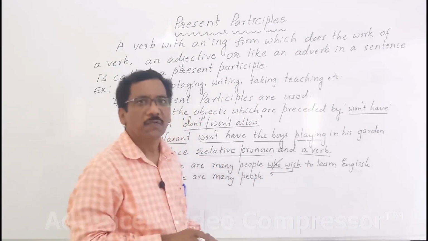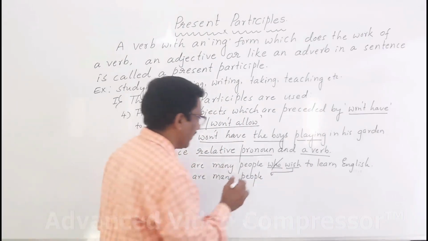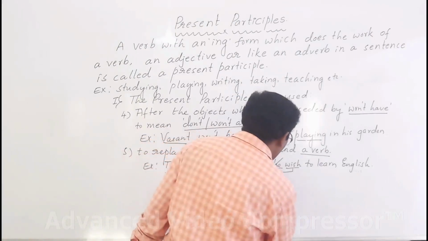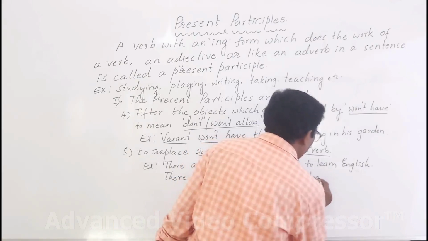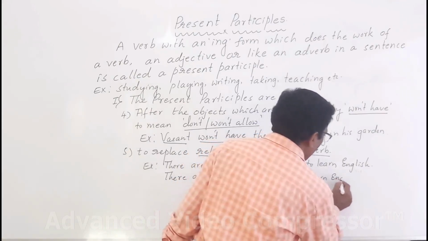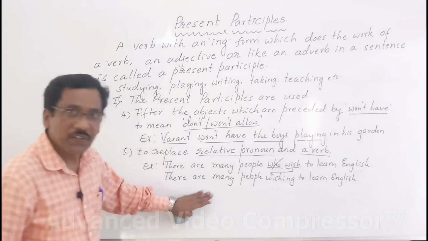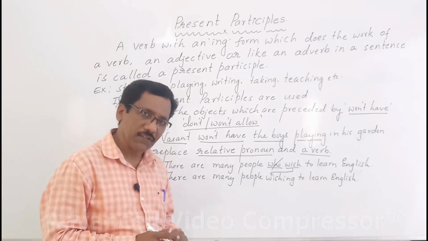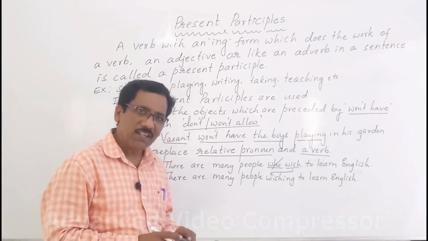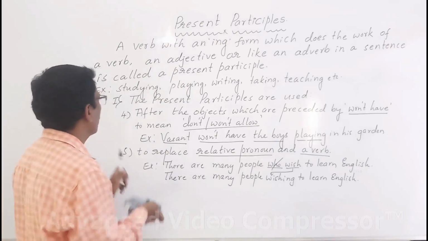So wish, when you add ing to it, what will it become? Wishing. Come on. There are many people wishing to learn English. I hope it's clear. Got it? Okay, let's move to the sixth use.